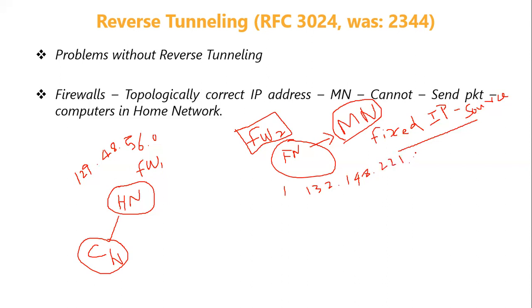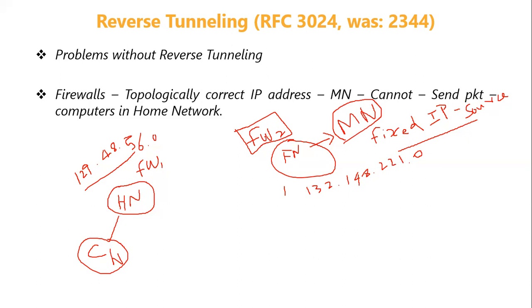Now the source IP address will follow the home pattern, which is not a topologically correct IP address in the foreign network. So in the first place, this firewall won't allow that communication.